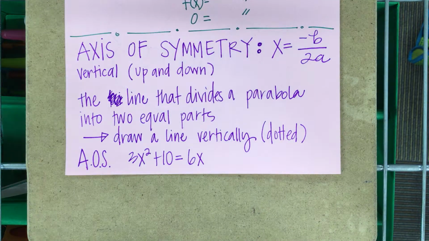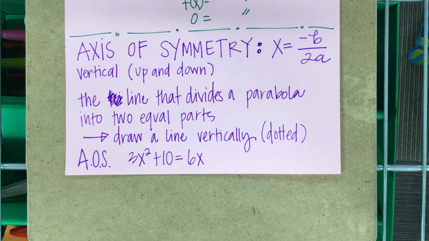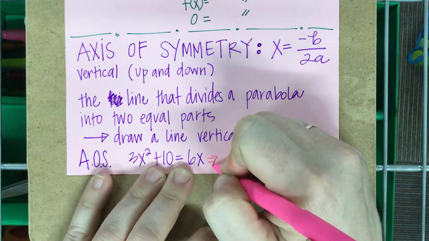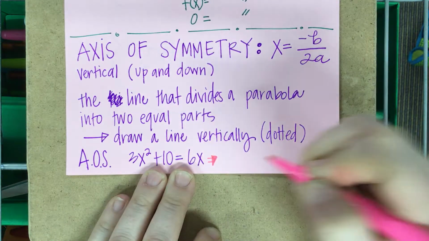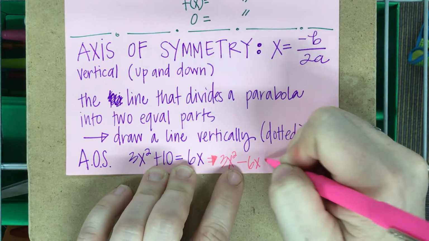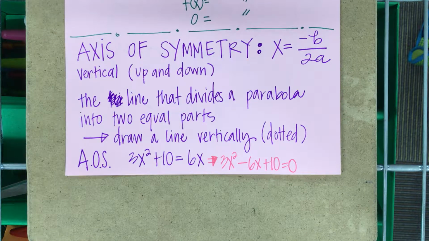What's your b value? Why is your b value negative 6x? It's a 6x up there, because you have to subtract it from the right side. You have to first convert it to standard form: 3x squared minus 6x plus 10 equals 0. Don't forget to do that.